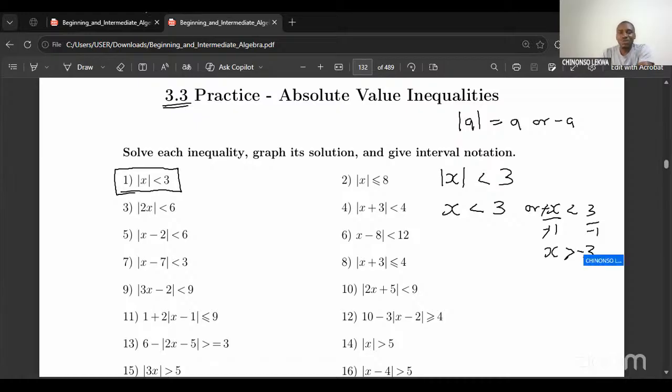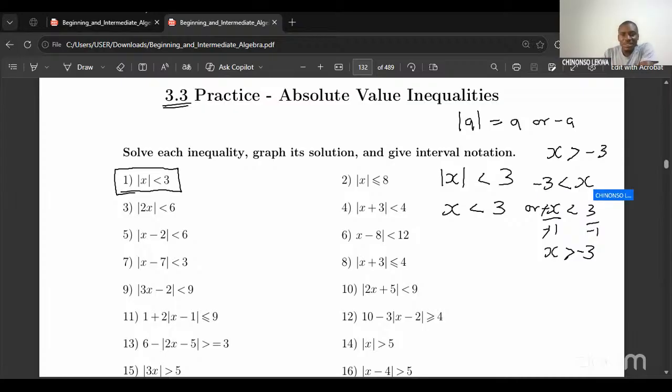So we can then have a situation where, remember, Mr. Michael explained that if x is greater than -3, and I want to move the -3 to the left-hand side, it becomes 3, and I flip the sign to be less than x.